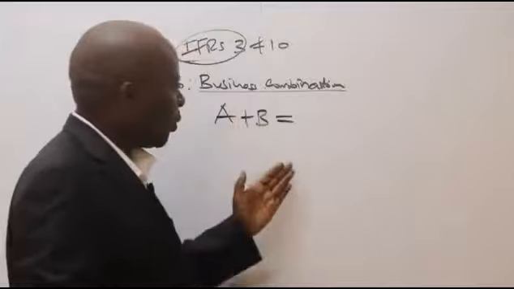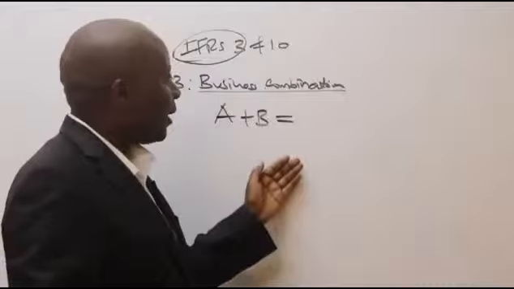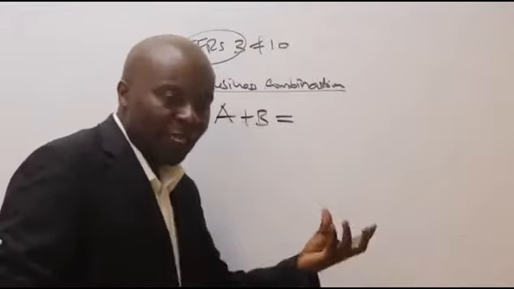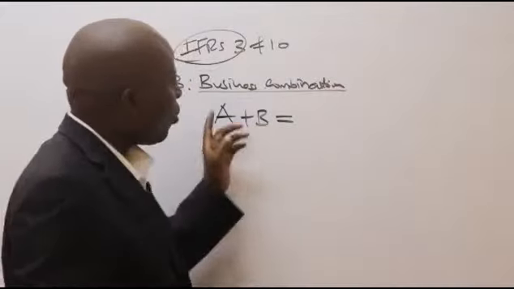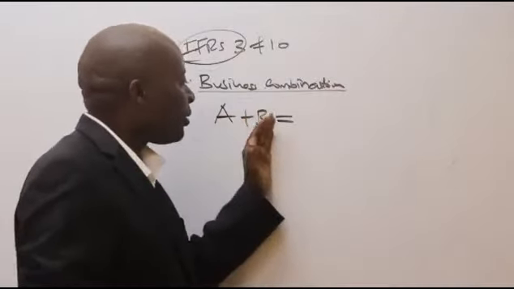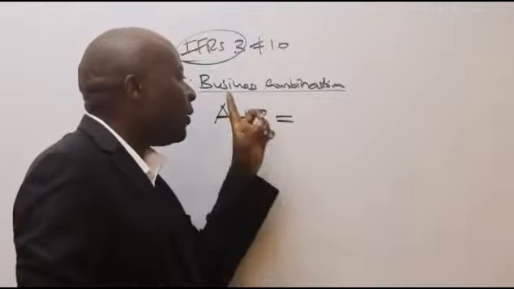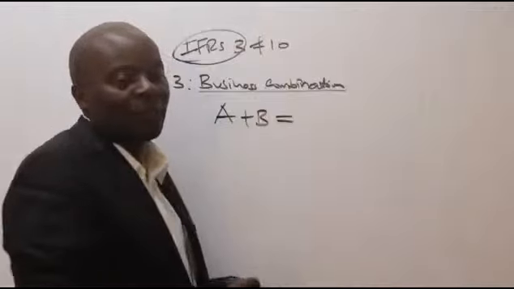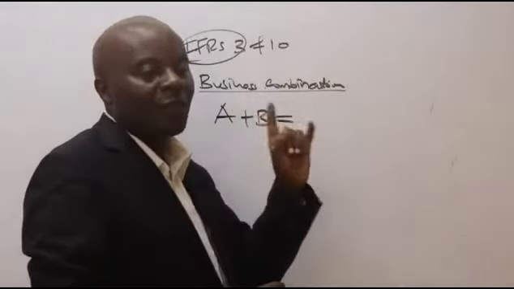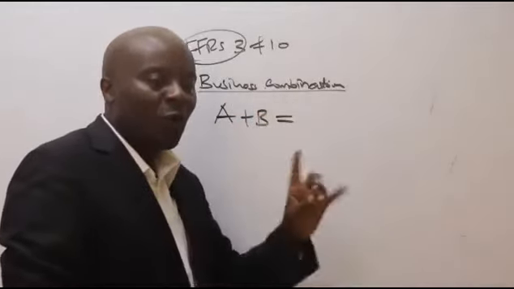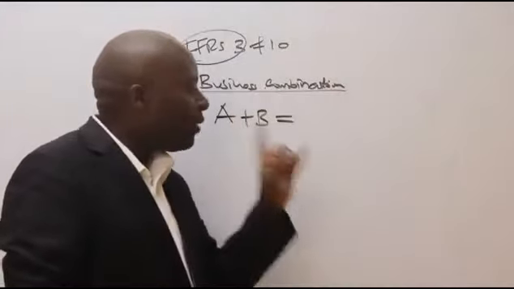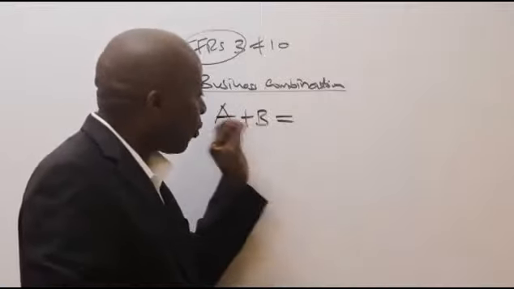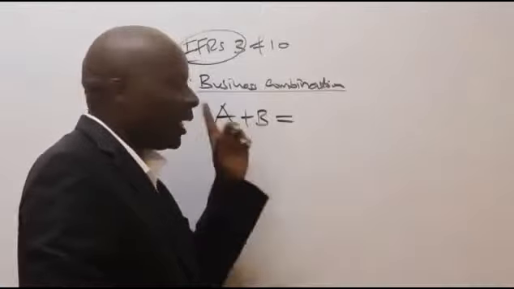Perhaps they have machinery, perhaps they have assets, perhaps this could be a company like Mumias Sugar, which is not producing anything. So if A acquires B, and B happens not to be in business at the moment, then there is no way you will consolidate the financial statements of the two companies as per IFRS 3, which tells us that we can only do group accounting whenever the companies involved in the acquisition are both of them in business.